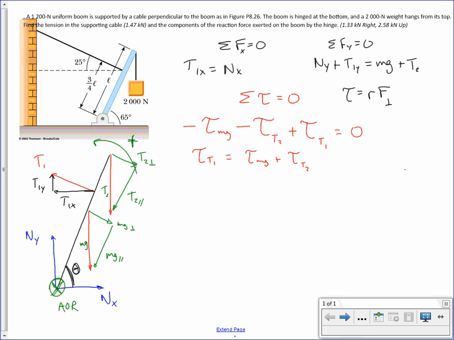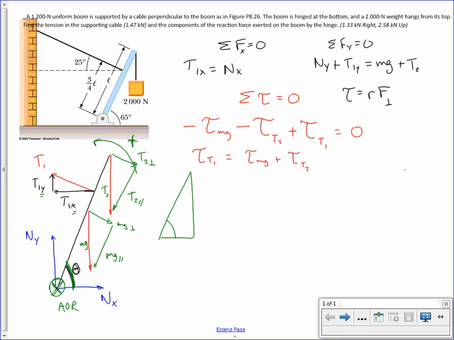Now, the X and Y thing, forget about that when we do torque stuff. T1 is perpendicular to the boom, so that is the perpendicular component. Now we look for the same angle as our angle theta. One way to do this is to say that's a 65-degree angle, that's the fat angle.